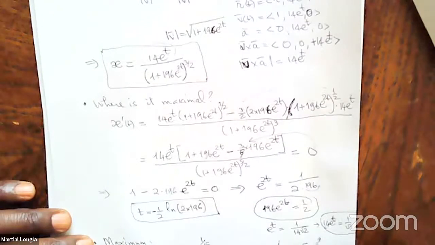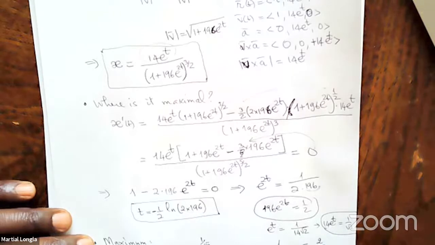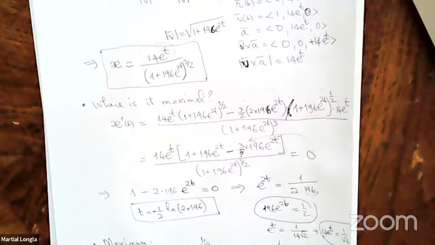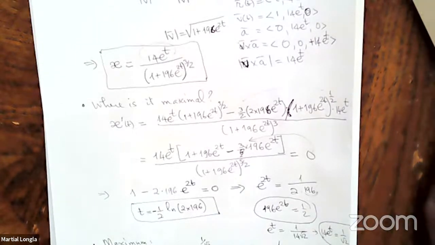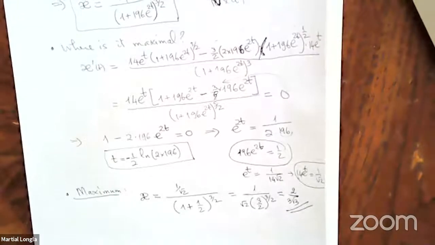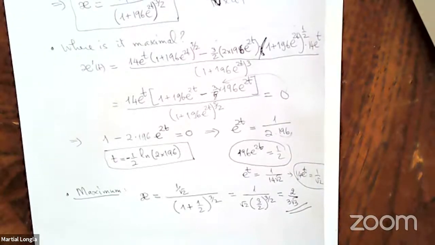So that's going to be 2 over 3 root 3, if I'm not mistaken. So that's what you would find as the maximal value of the curvature in this question.